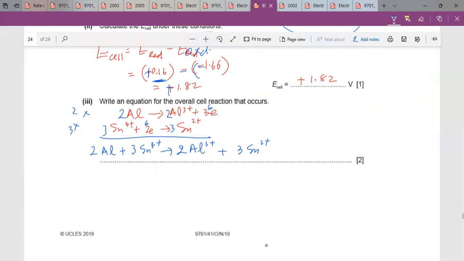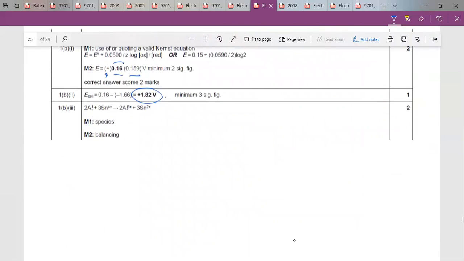Since here is 2 and 3 electrons, you make it 6. 2 times 3, 3 times 2, 6. So this one can cancel. So this will be 2Al plus 3Sn4+, and so on. And so this is the answer. Species is one mark, balance is one mark. So you see how the concentration effect comes in.